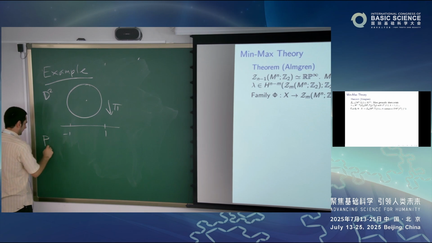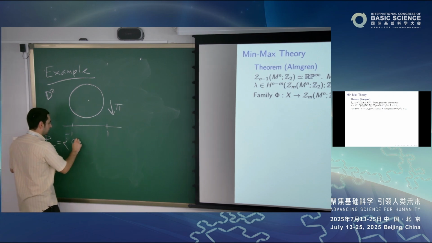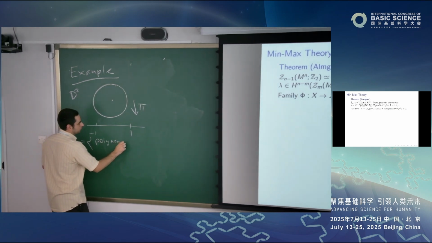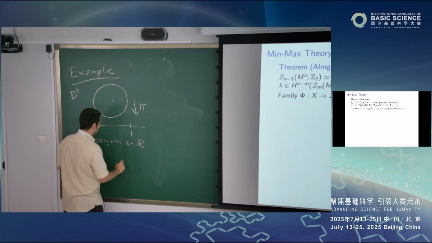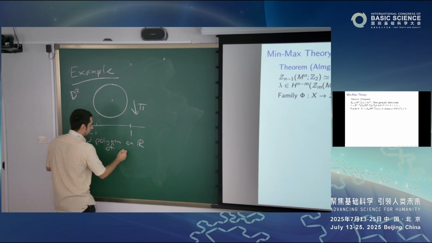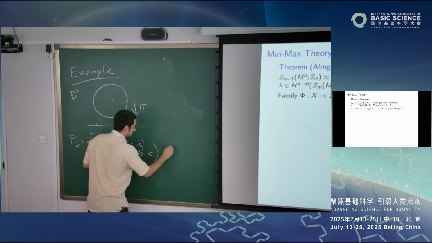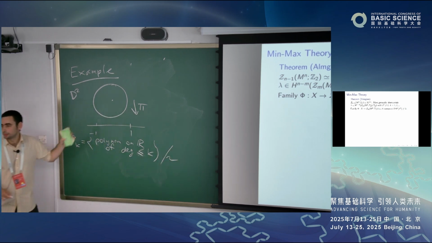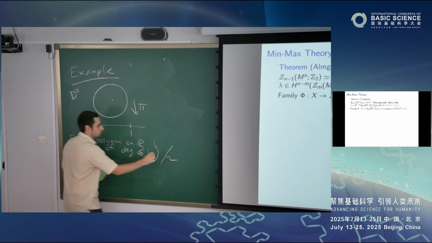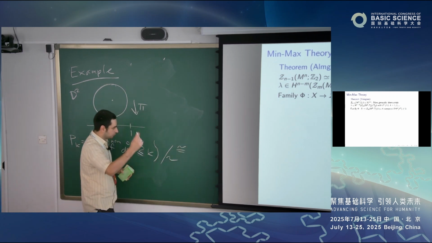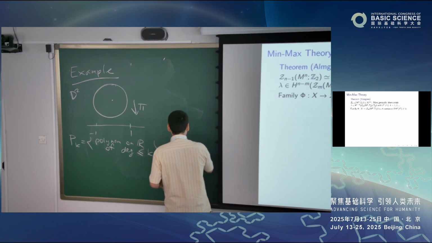And let P_k be the space of polynomials of one variable of degree less than or equal to k, and we projectivize that, so up to multiplication by a constant. So that's just our P_k.